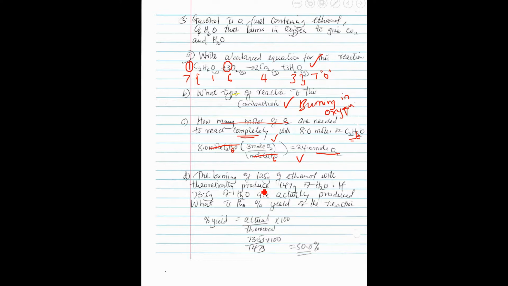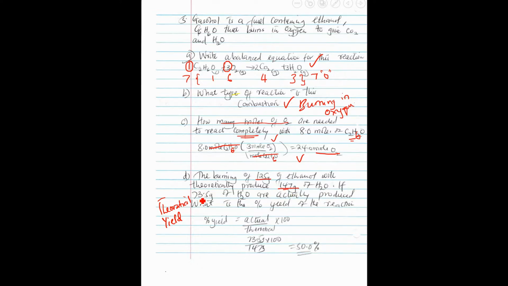So that's correct. The burning of 125 grams of ethanol will theoretically produce 147 grams. Theoretical yield means if nothing goes wrong, if no errors, you should get 147 grams of water.